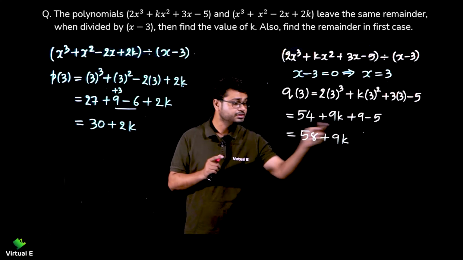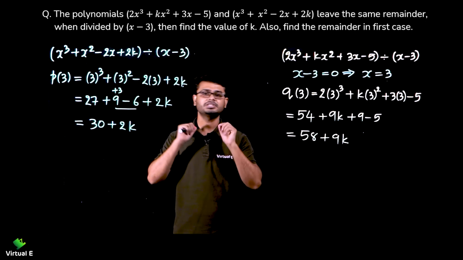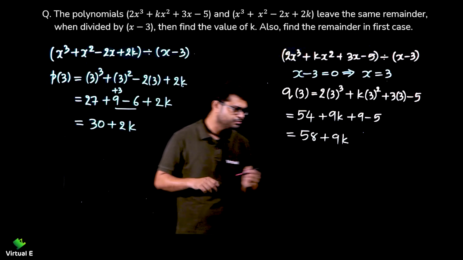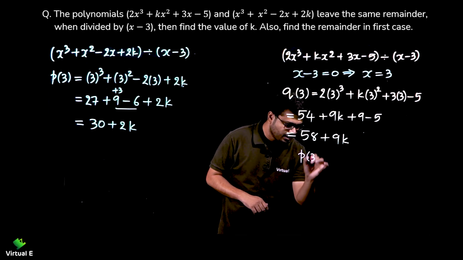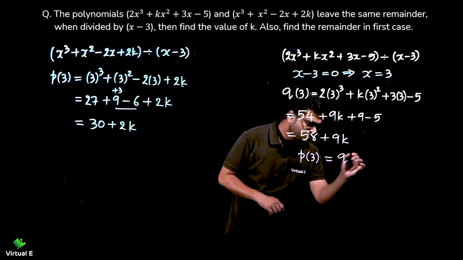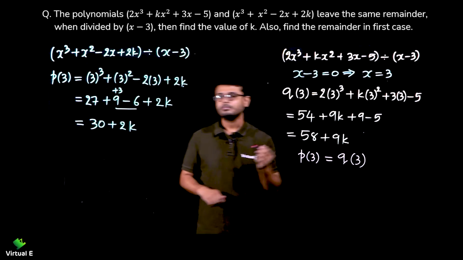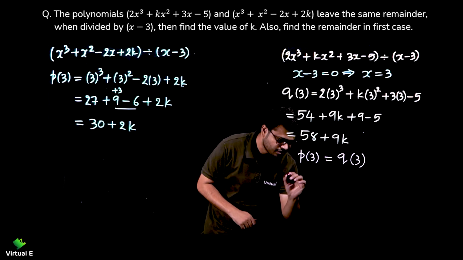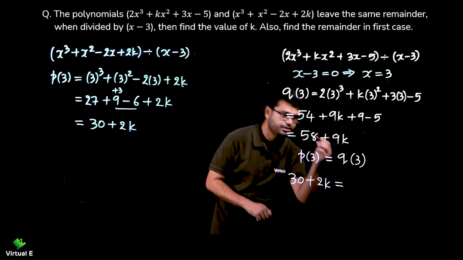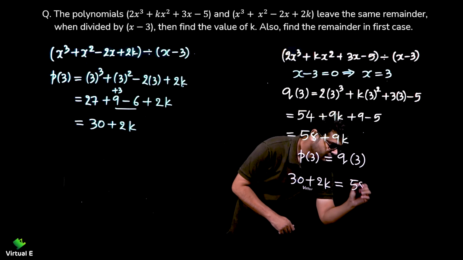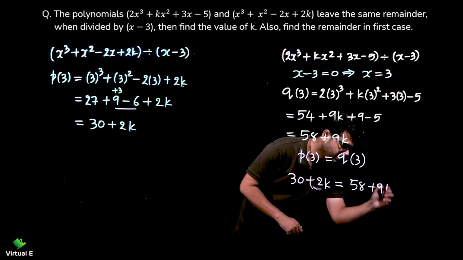Remainder is the same. This part and this part are equal. So let's do that one. We can write over here that P of 3 is equal to Q of 3. So P of 3 is 30 plus 2k, and here 58 plus 9k.